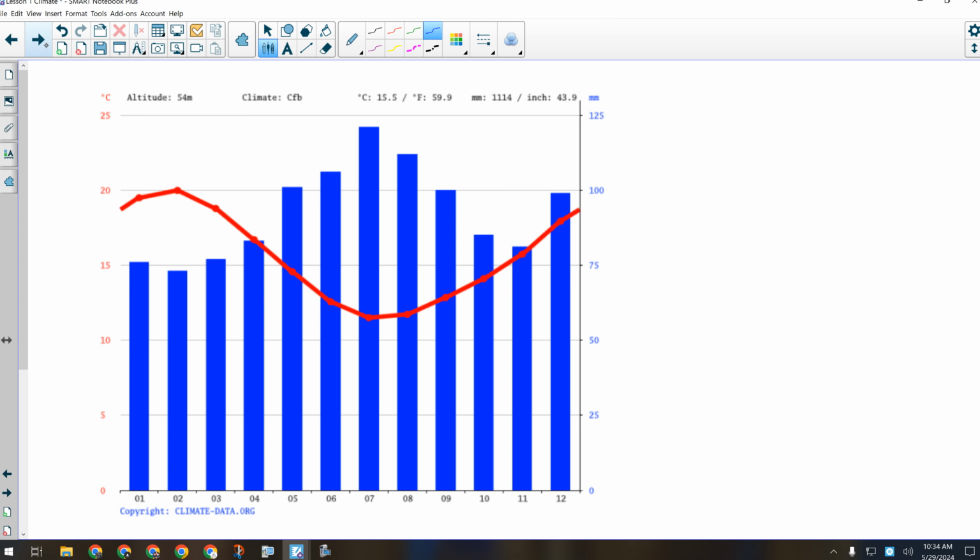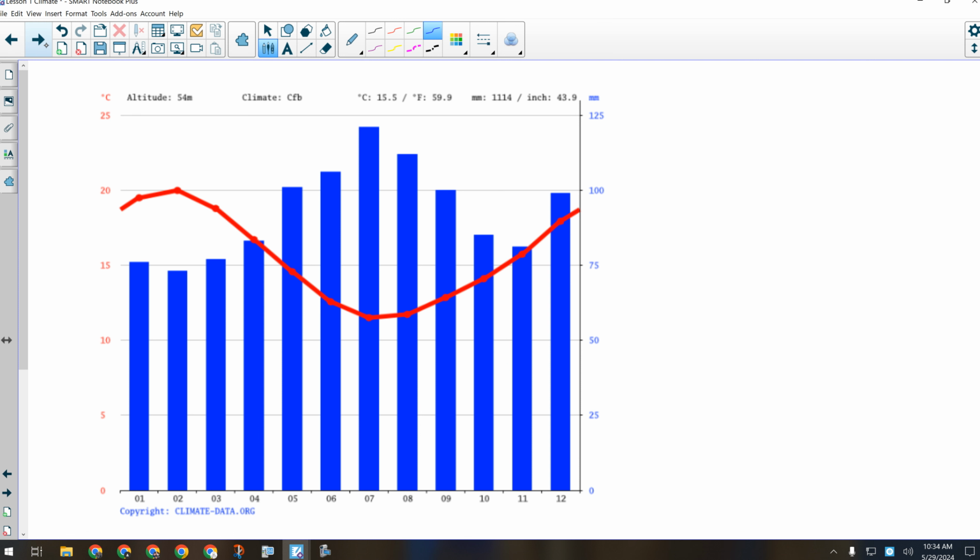Now, fairly wet. Okay, precipitation is even, but it's also fairly high. The driest month is about as much as our wettest month here. And then the wettest month is a bit more, but the precipitation here is pretty level, and it actually looks like their winter would be the wettest time.